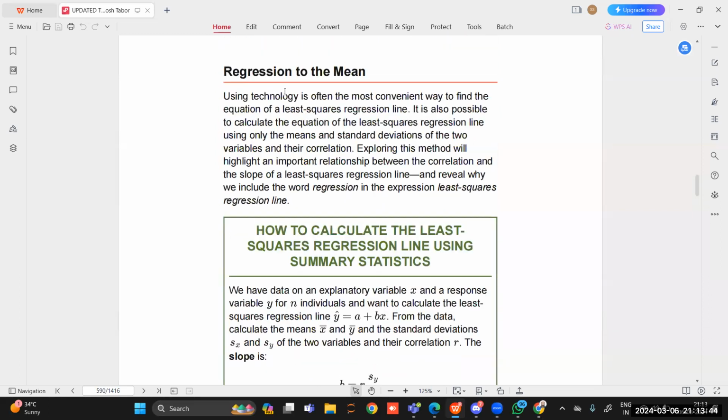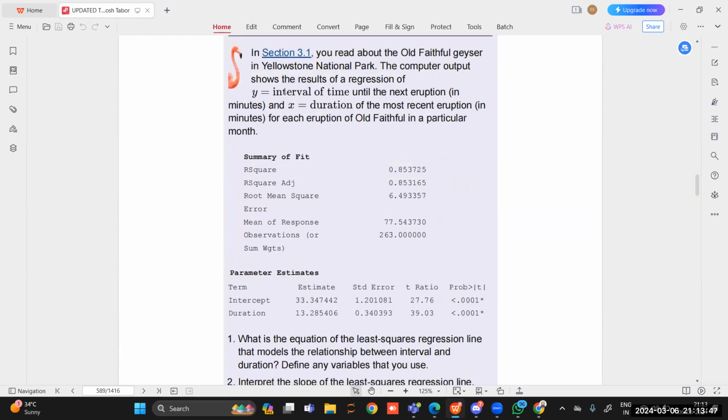Read this example and do this now. I think it's easy. I'll take it on the board.